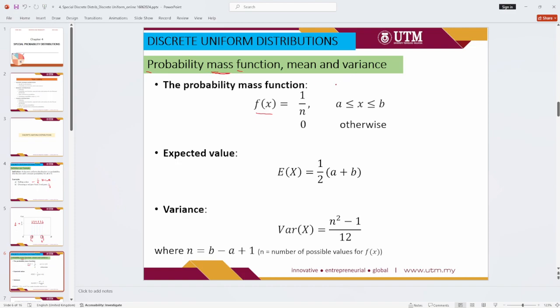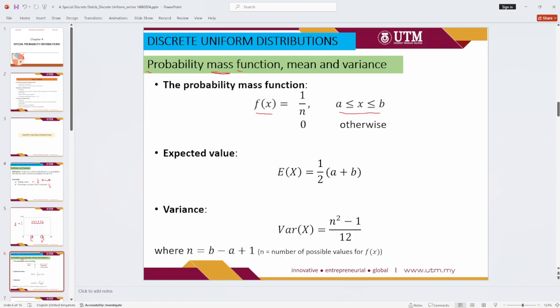The PMF for the discrete uniform distribution is given by 1 over n, where n is the number of values that you can take, if x is between a and b, and it will be 0 otherwise. On any other values, the probability of you getting the value will be 0.